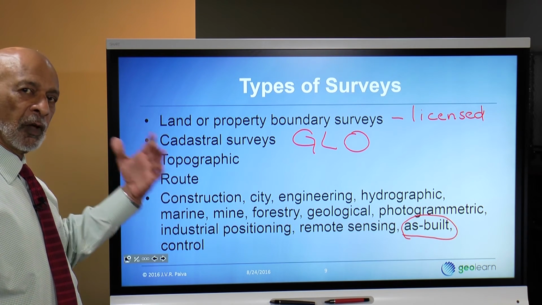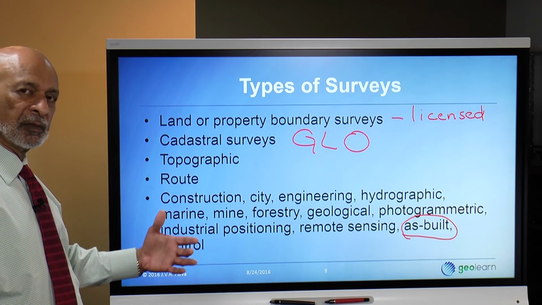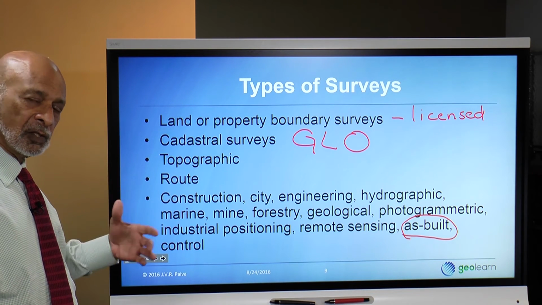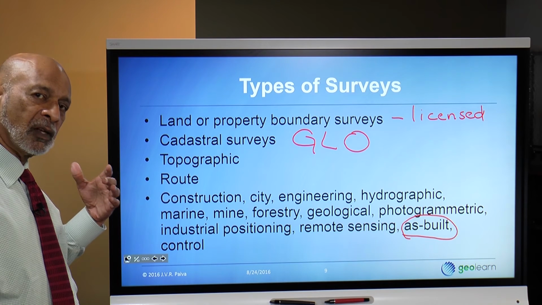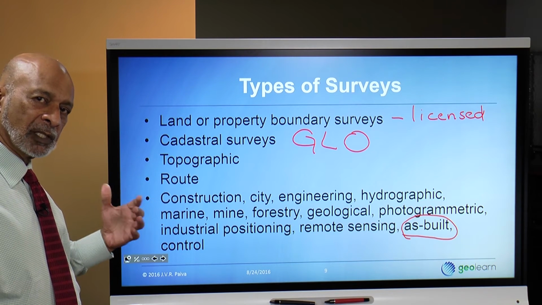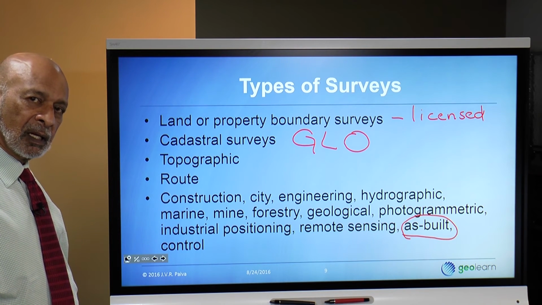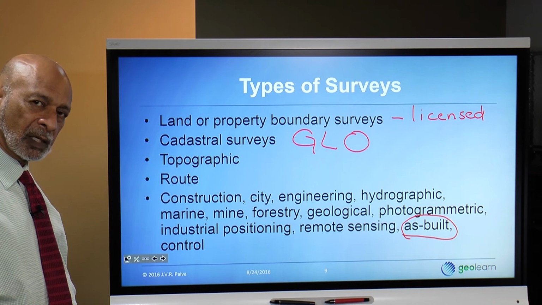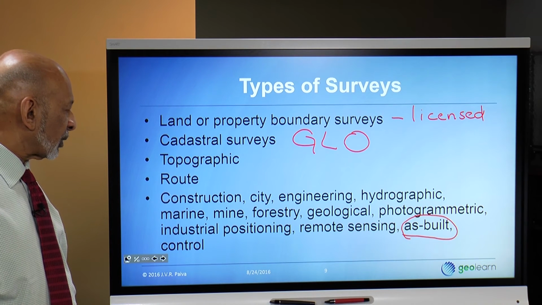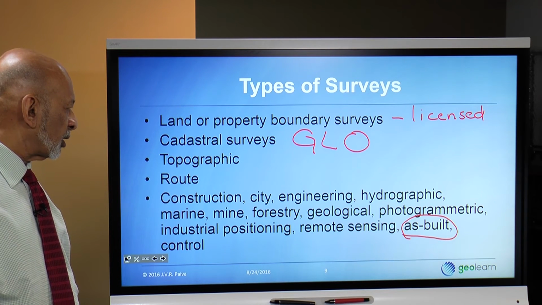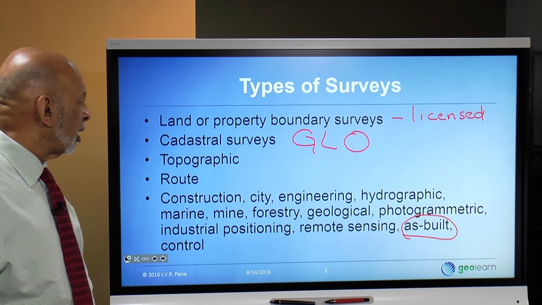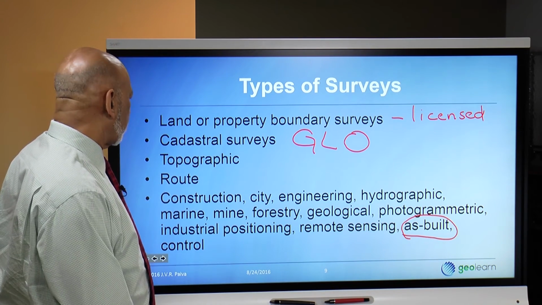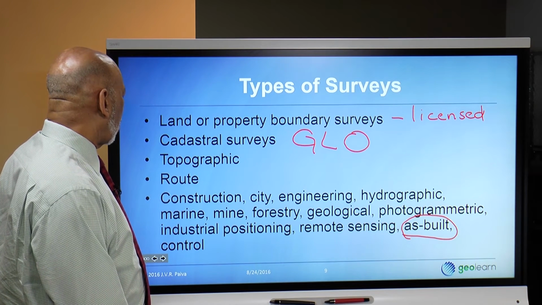The engineers will often create estimates based on the surveying that they've done, but sometimes that engineering is quite accurate, because it may be positioning a dam and where the wing walls need to be, or a massive bridge structure, or the piers for a suspension bridge, and so on and so forth. Hydrographic surveying, marine surveying, mines, forestry, geology, and so forth are all other areas.